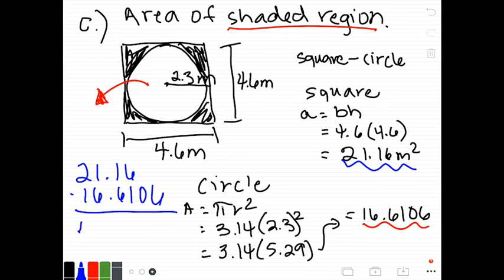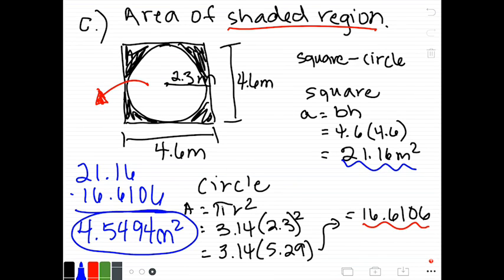And when you do that, you get 4.5494 meters squared. That is your final answer. Again, organize your work with your shapes. You've got a square, you've got your circle, you show your subtraction, and this is your final answer. I am finished, so if you want to pause your video, you may do that.